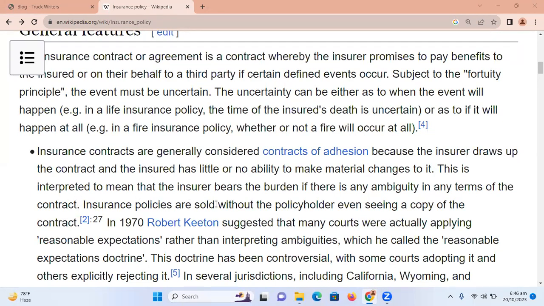Insurance policies are sold without the policyholder even seeing a copy of the contract. In 1970, Robert Keeton suggested that many courts were actually applying reasonable expectations rather than interpreting ambiguities, which he called the reasonable expectations doctrine.